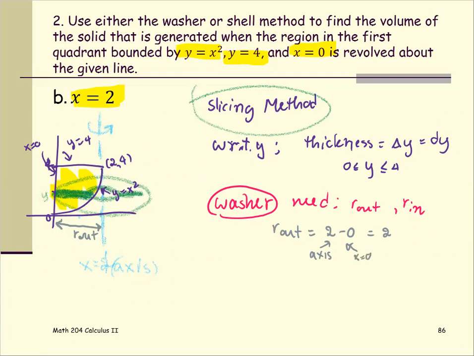Now we're going to find the inner radius. For the inner radius, it is the distance from the axis of revolution to the closest curve to it. So the inner radius is the axis of revolution, 2, minus the closest curve, which is the curve y equals x squared. Let me redraw this real quick.